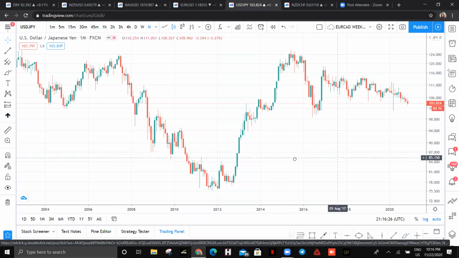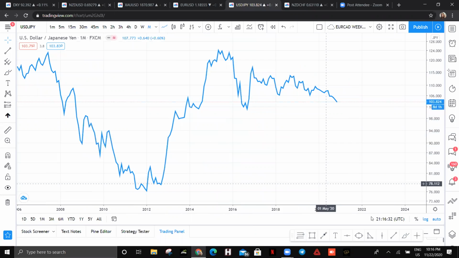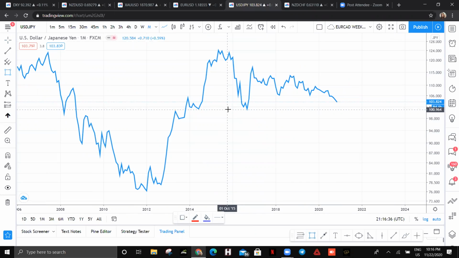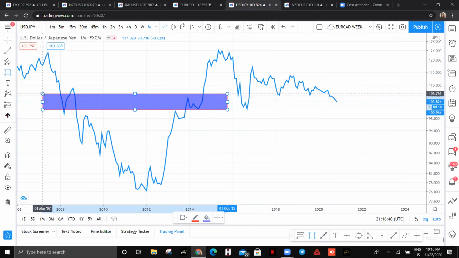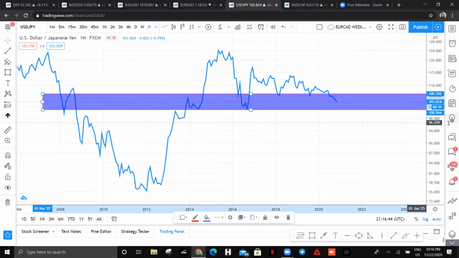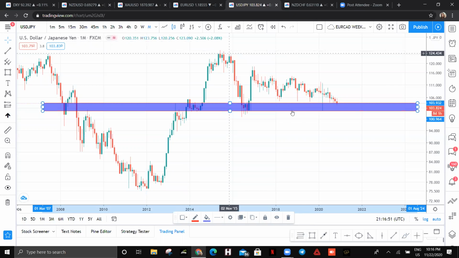So looking at this, you can see that price came back to test this what? Let me change it to line charts. Price is on the support zone.